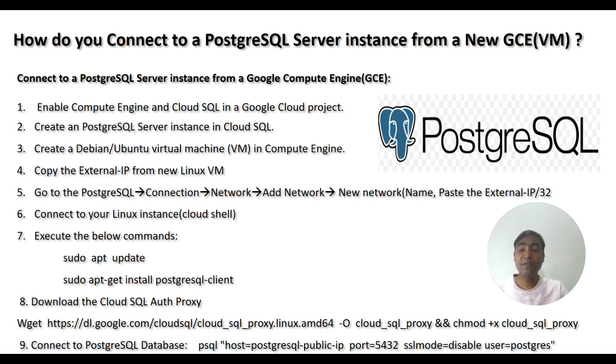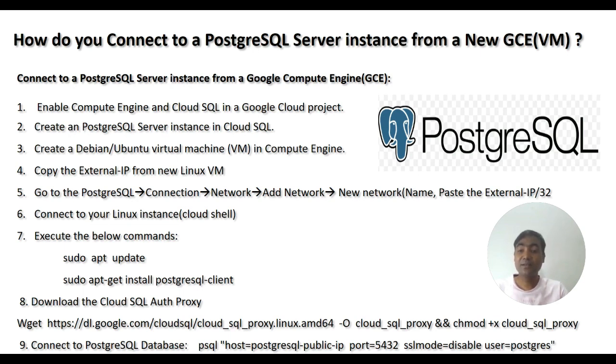Then you navigate to the PostgreSQL database, click on the connection section, then click on network, then add network, and you can paste your external IP to connect your Linux server with your PostgreSQL server instance. Guys, don't worry about that. I'll show you all the steps inside the lab so that you can easily understand it.